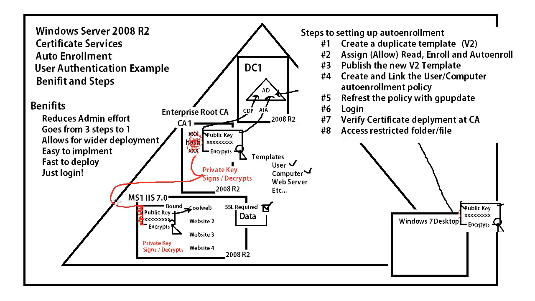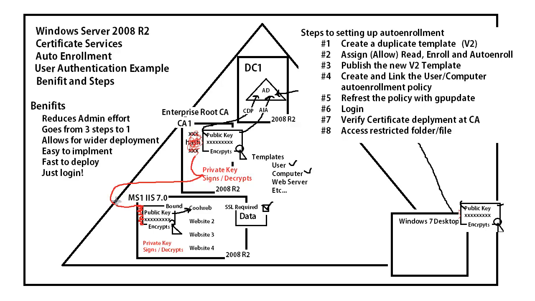Because it's going to be so much easier, you can more easily deploy it across the organization where it's needed. Very easy to implement, fast to deploy, and the magic happens over there on step 6, on the steps for setting up auto-enrollment, when the user logs in. Once all the policies are in place and everything's set up, all the user has to do is log in, and bam, they get their certificate that can be used to authenticate. So it makes it really, really easy to deploy that certificate out.